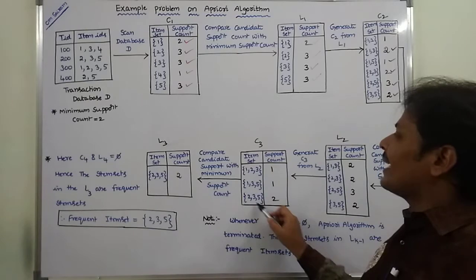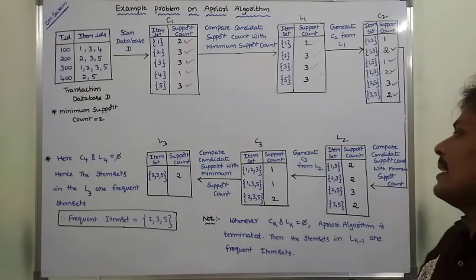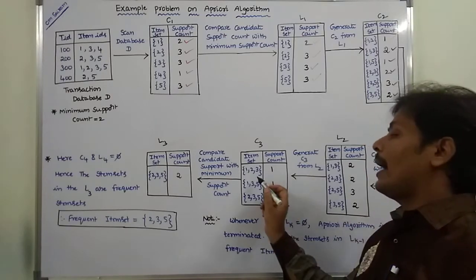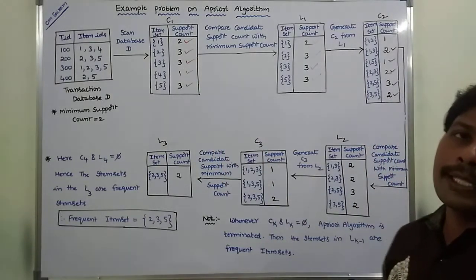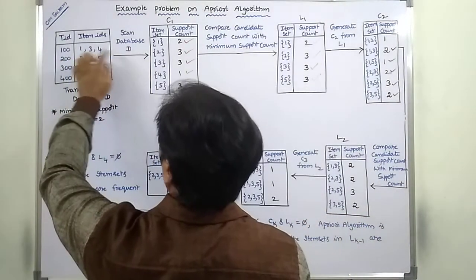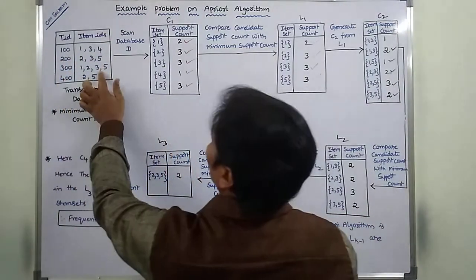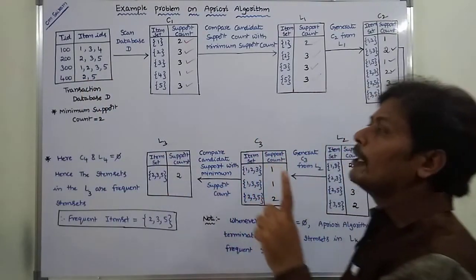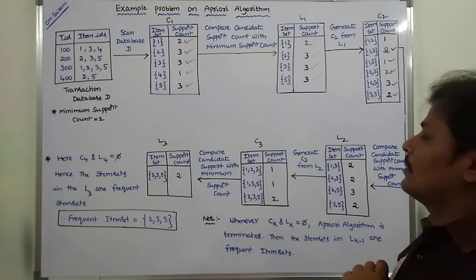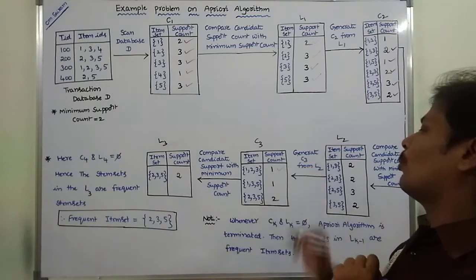Now, once we have the candidate item set C3, find the support count of each item set from the transactional database. Here 1, 2, 3 is present only one time, in transaction ID 300. So its support count is 1.